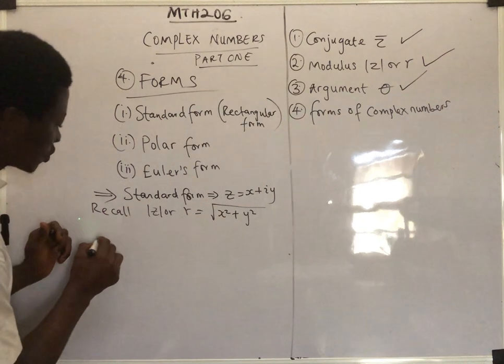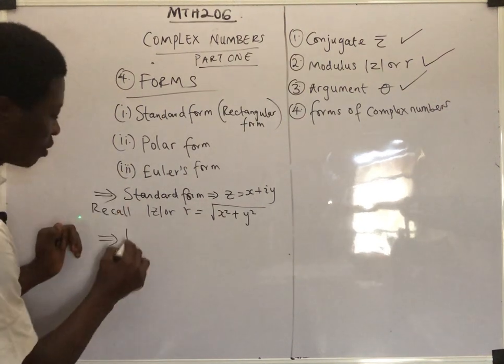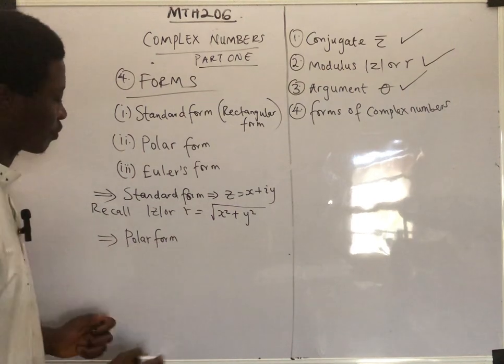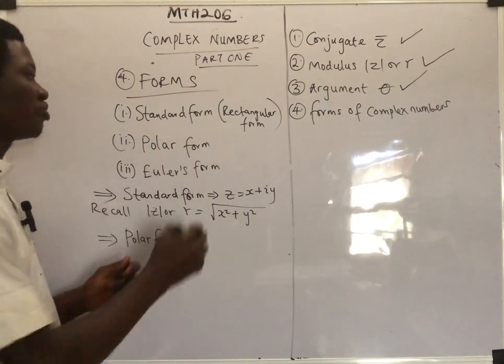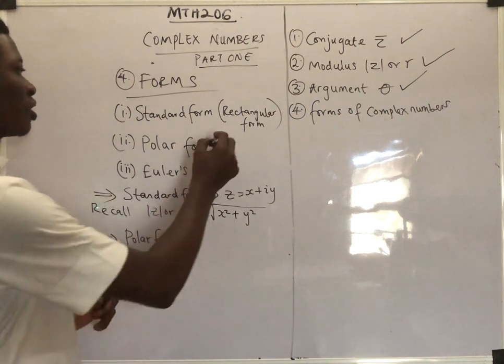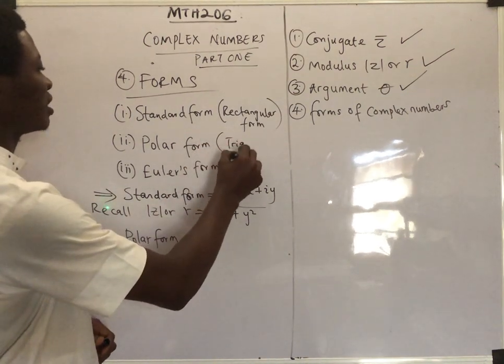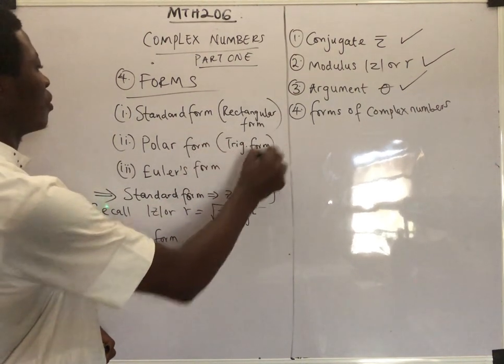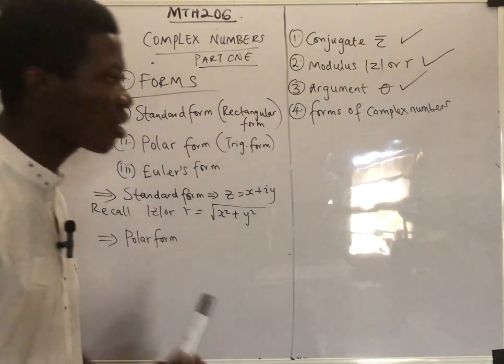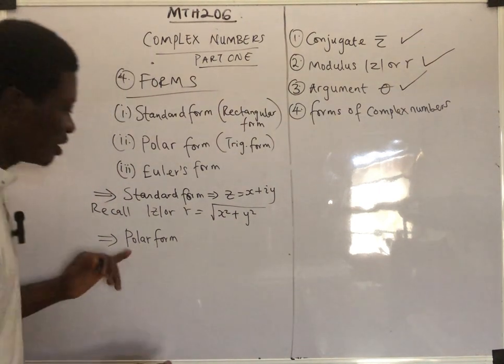Now the next one is polar form. Some people call this polar form the trigonometric form, because it has some trigonometric functions like sine, cos, and others.